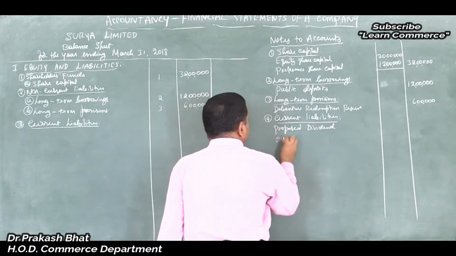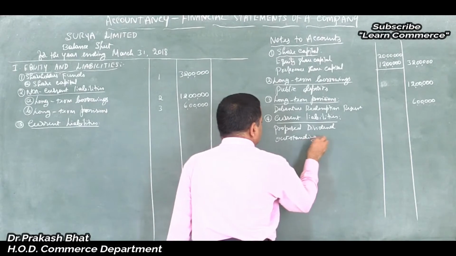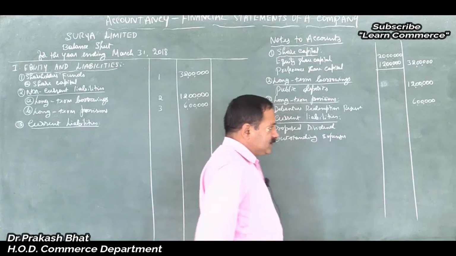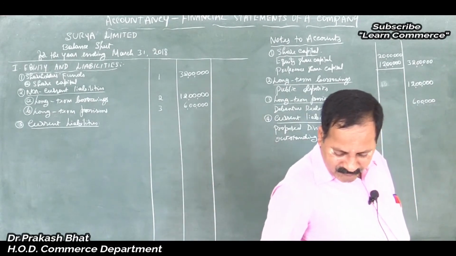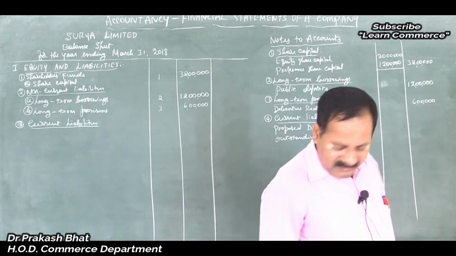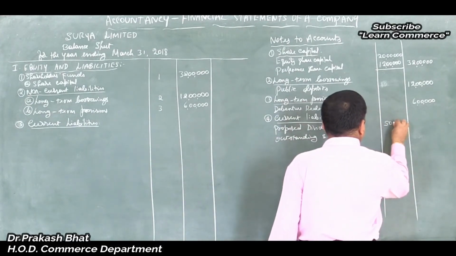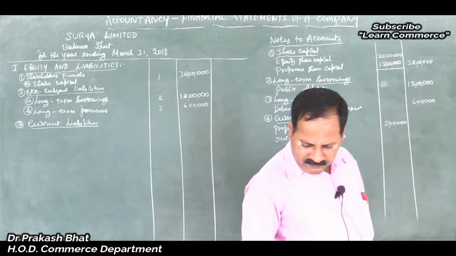Then outstanding expenses, write the amounts. Proposed dividend, how much is it? Proposed dividend is 5 lakh. Isn't it?